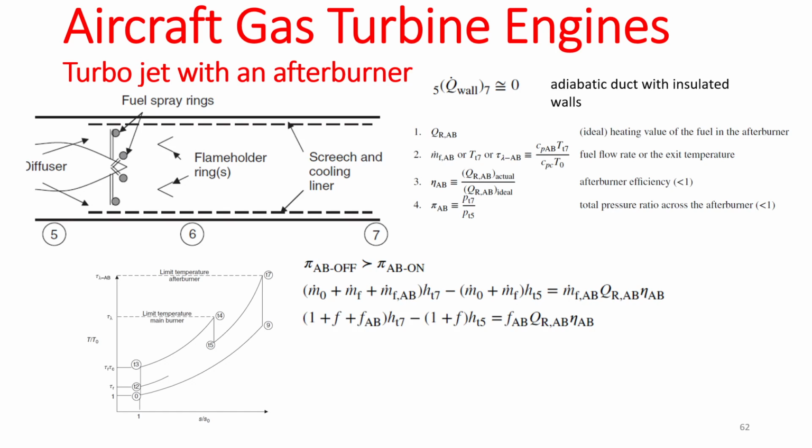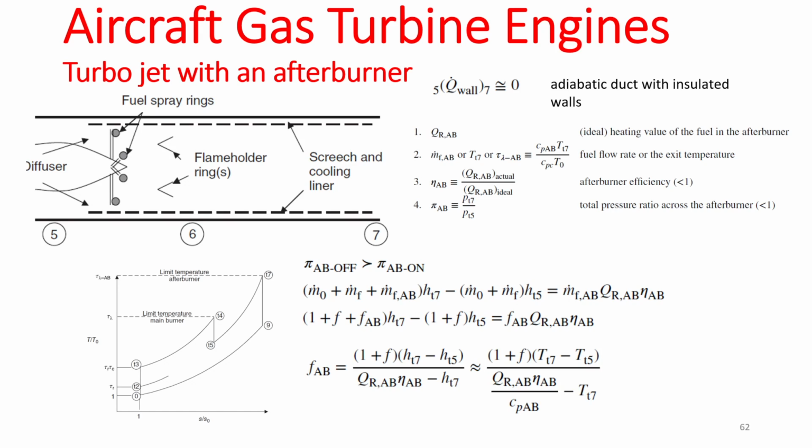We can divide everything by m dot naught to get the fuel to air ratio of the afterburner and the fuel to air ratio of the combustor. Rearrange this equation to have an equation for the fuel to air ratio of the afterburner as a function of your fuel to air ratio, temperatures at the exit and the inlet of the afterburner, the heating value, the efficiency, and the CP.